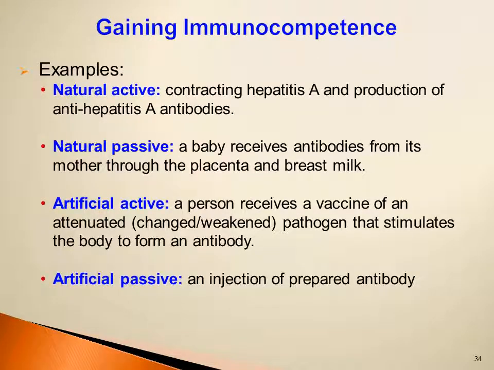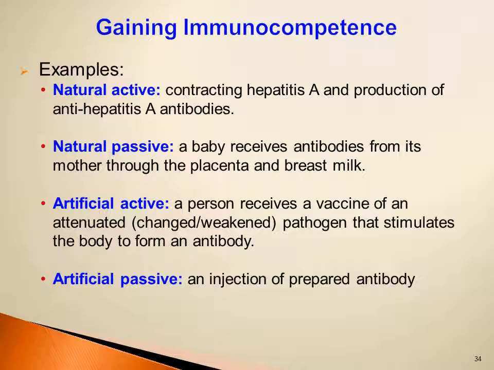Examples of gaining immunocompetence: we have natural active immunity, contracting, for example, hepatitis A through food or water, and the production of anti-hepatitis A antibodies.